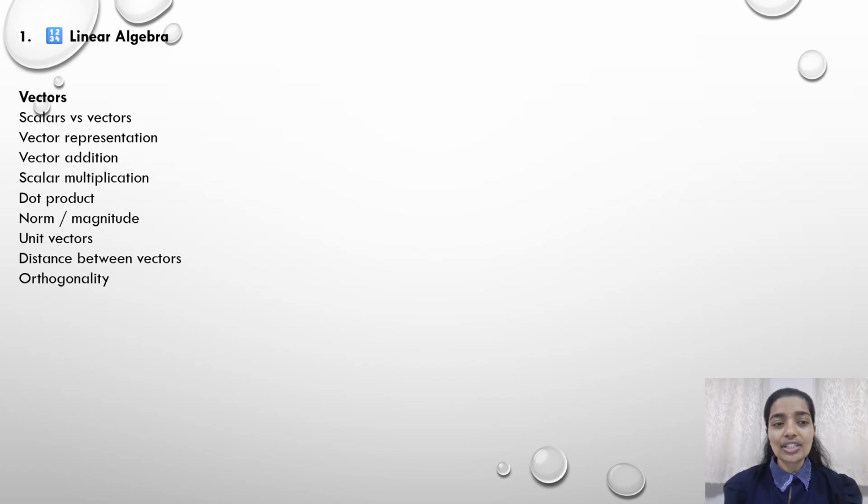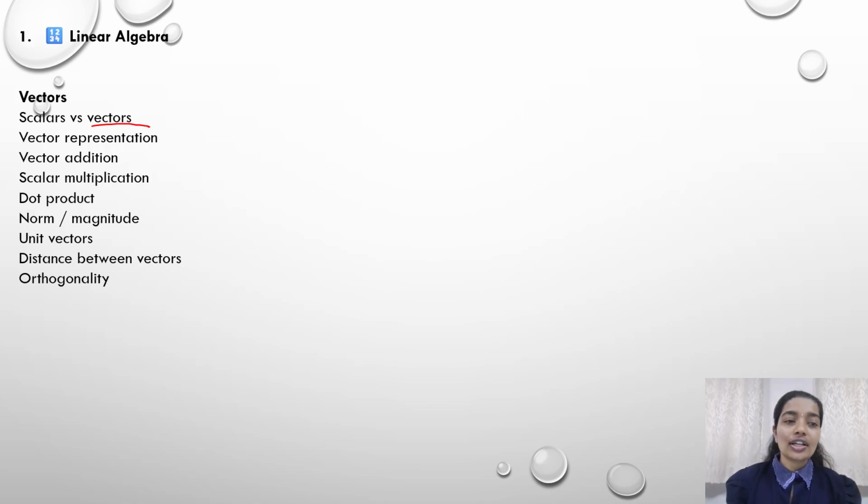Then we have linear algebra. This is very important, I would say, for machine learning. In linear algebra, vectors are something that you can't ignore. Then matrices and vectors are like buy one, get one free. When we talk about vectors, matrices will automatically come with them.